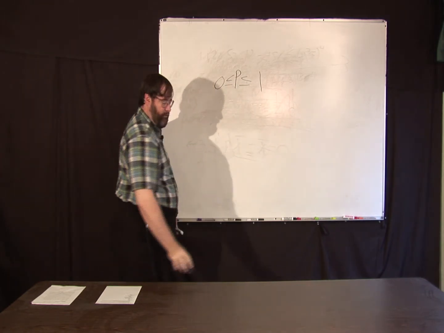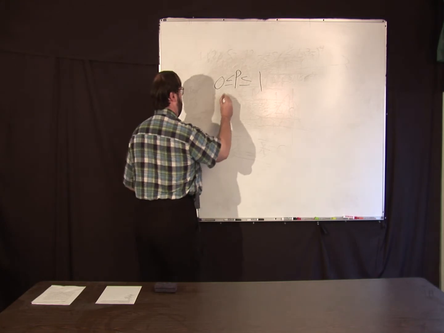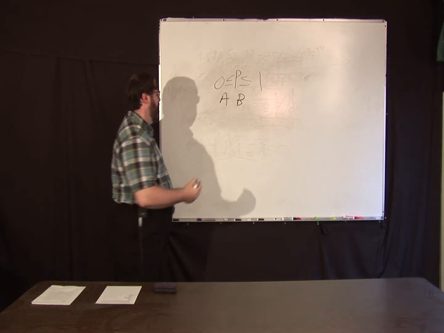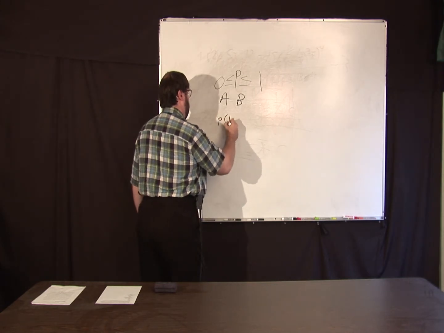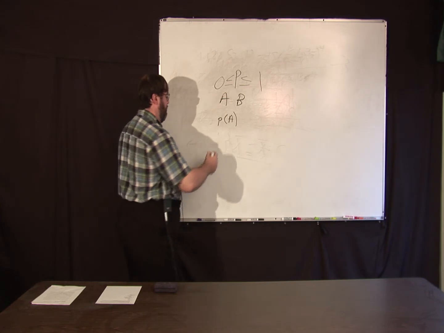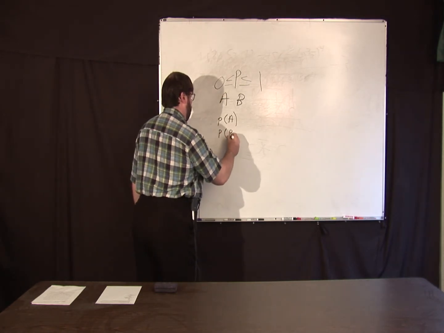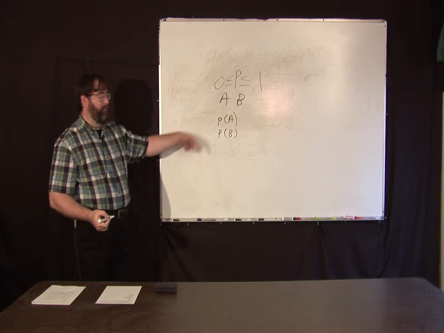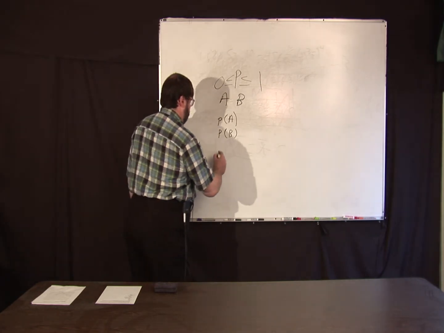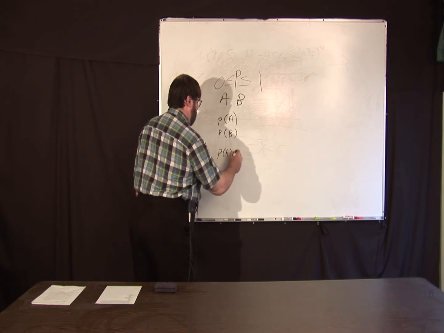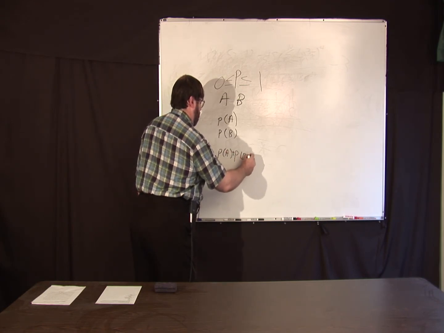So if you have, let's say, two choices, A and B, in this case heads and tails, you'd write P of A for the probability of the event A happening, and P of B is the probability of event B happening. And if A and B are the only choices, you must have P(A) plus P(B) equals 1.